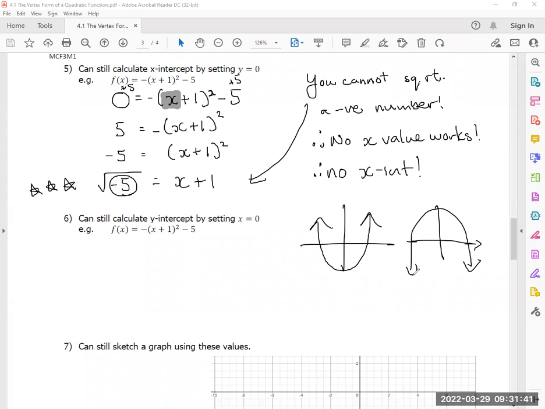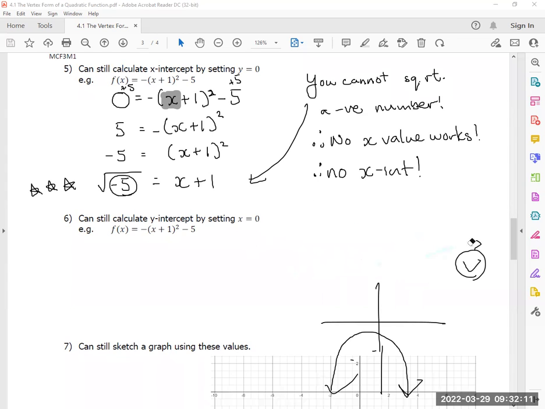How could I draw this so that there is no x-intercept? Yeah? Like it's underneath here. Ah, yeah, like that. A parabola that is not touching the x-axis. So it is possible that you cannot have an x-intercept. Good thinking.